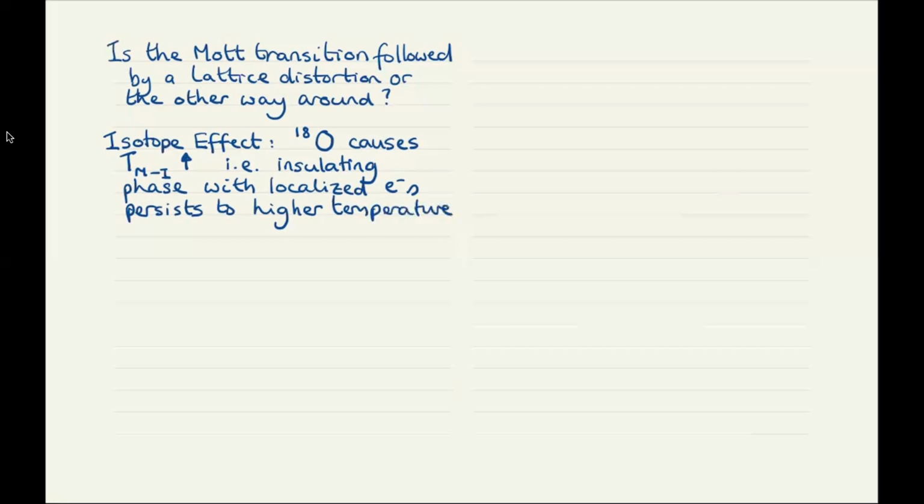And of course, since oxygen 18 is heavier than oxygen 16, it also slows down lattice vibrations and distortions of the structure, which suggests that there may be a strong contribution to the phase transition from coupling to the lattice, from the change in crystal structure.